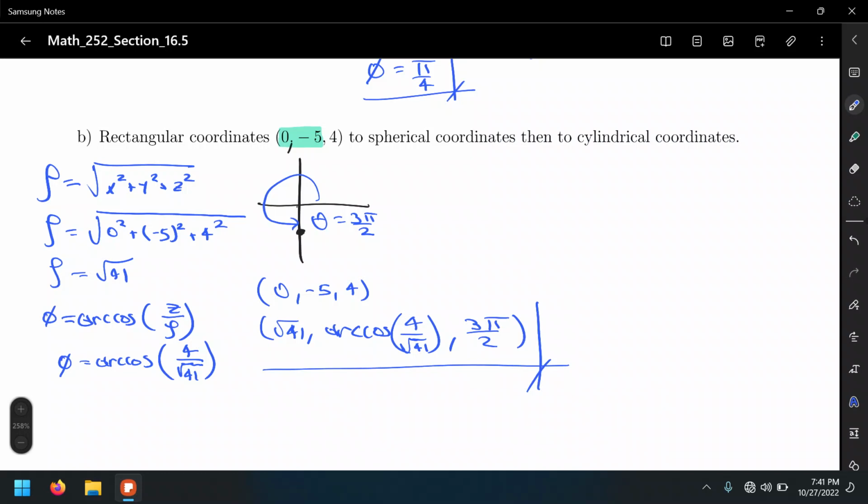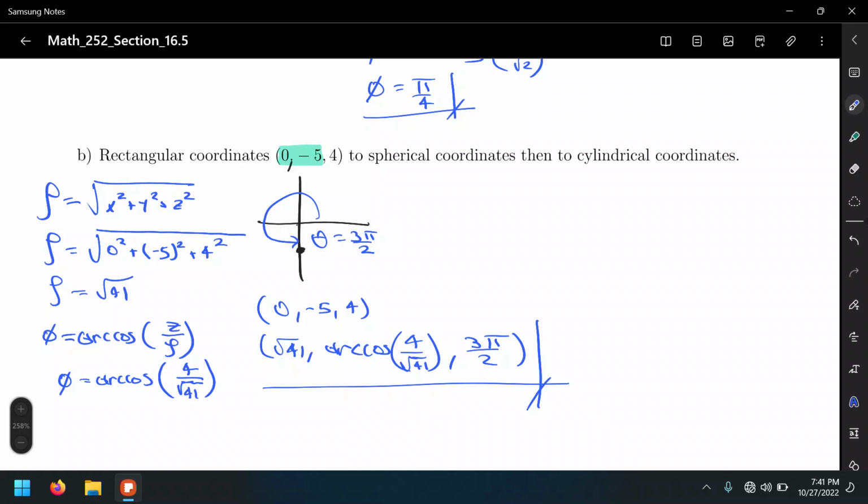Now we're going to do the same. We're going to use the information that we have to convert this to cylindrical coordinates. But I think we already have almost everything. We have the angle theta. We have z, which is given. It's the same one, 4. So all we need is to find the value of r.